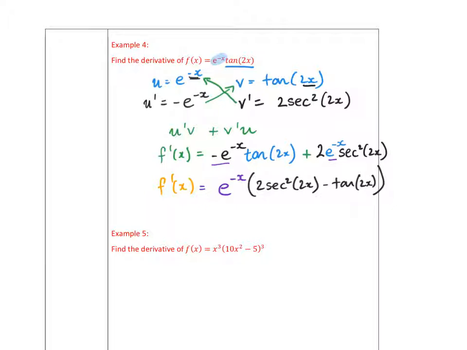Beyond taking out a common factor, we'd rarely need to do anything more than simplify. But if we think about what our base strategy would be here, the first thing that I did was label u and v. The next thing that we did was to think, let's find u dash and v dash. So find the derivative of these pieces.